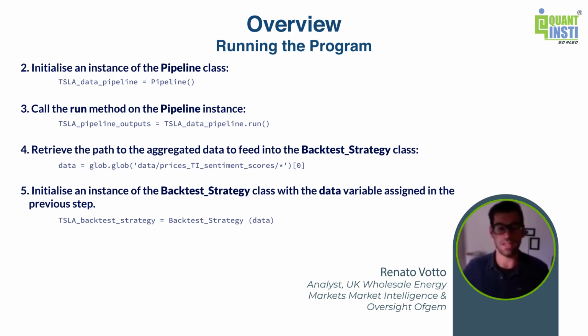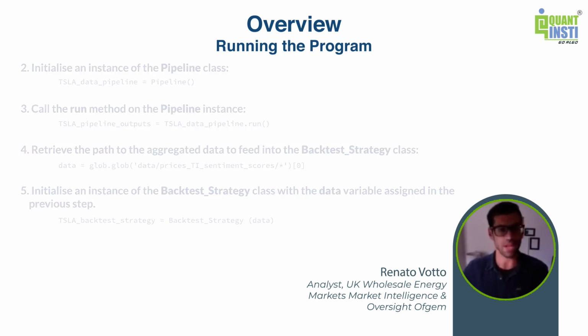And then you basically end up with the data, and the data will be the data set where the program will compute the backtesting calculation. So once you have the data, you retrieve those data and you initialize, in our 5th step, the backtest strategy. Now, this backtest strategy class has a few methods, which we will see in the next slide.